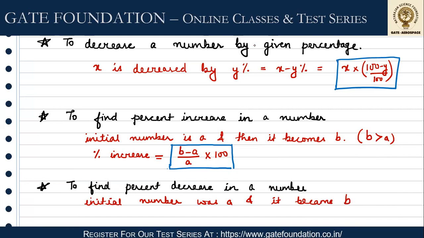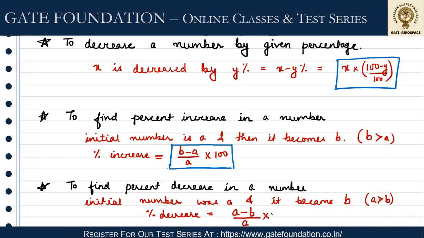So initial was a, it became b in such a way that it was decreased. So over here in this case, a was greater than b. Now if you want to find out percentage decrease, that will be a minus b, because this will be a positive number, a is bigger than b. The reference point in this case also is your initial number.